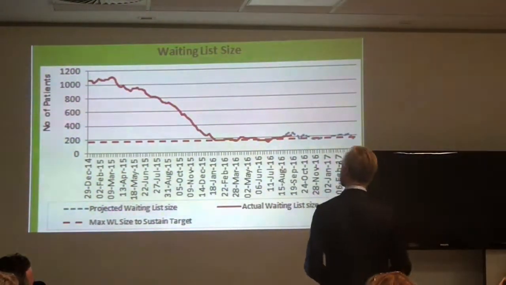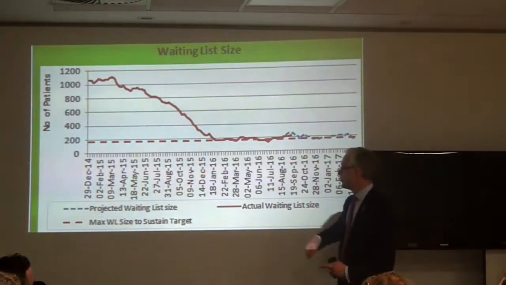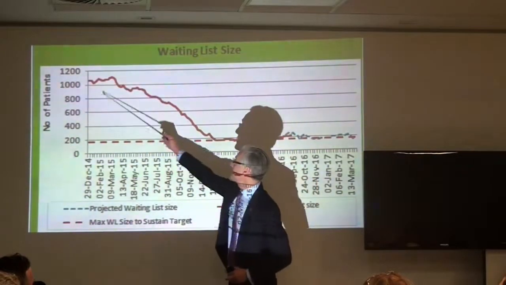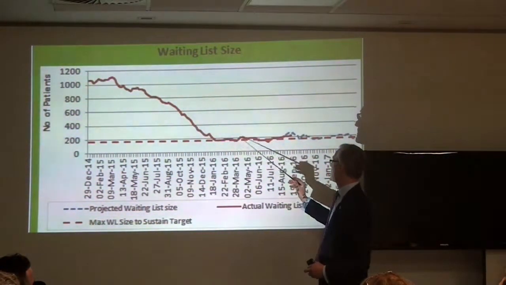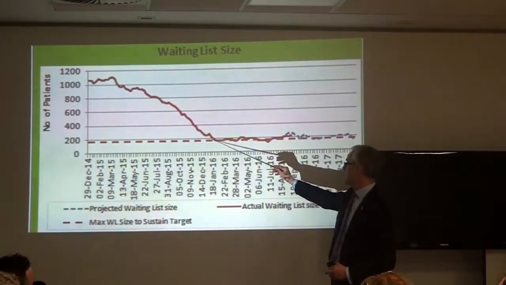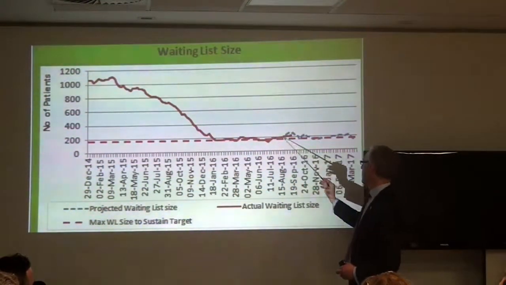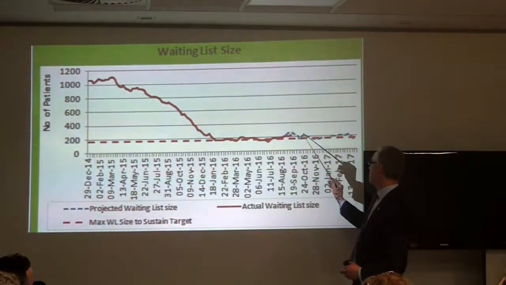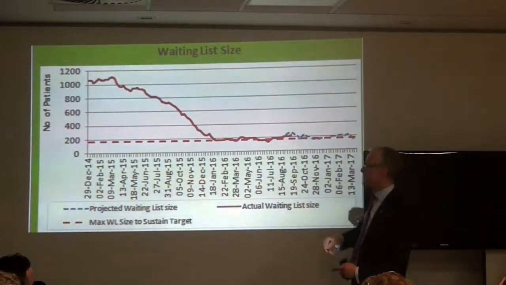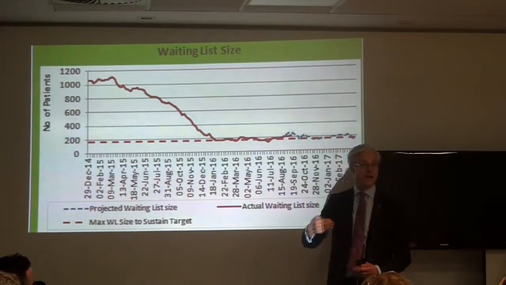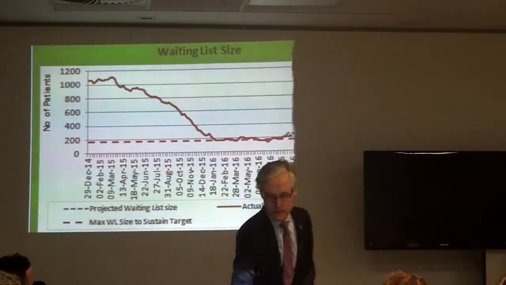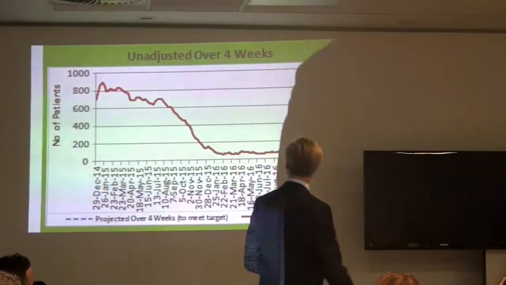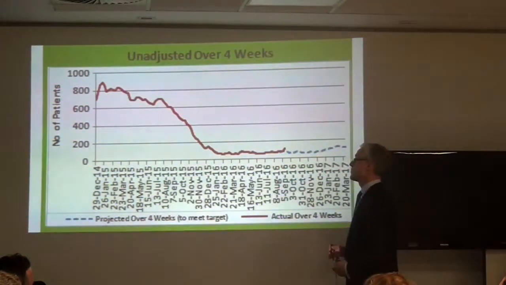That's what happened to the size of their waiting list. So we met them in February 2015, that's about there. A year later, they were down there. This snapshot is taken here, and the dotted blue line is the model's projection of what's going to happen in the future. And that's what happened to the number of patients on the list over 4 weeks.